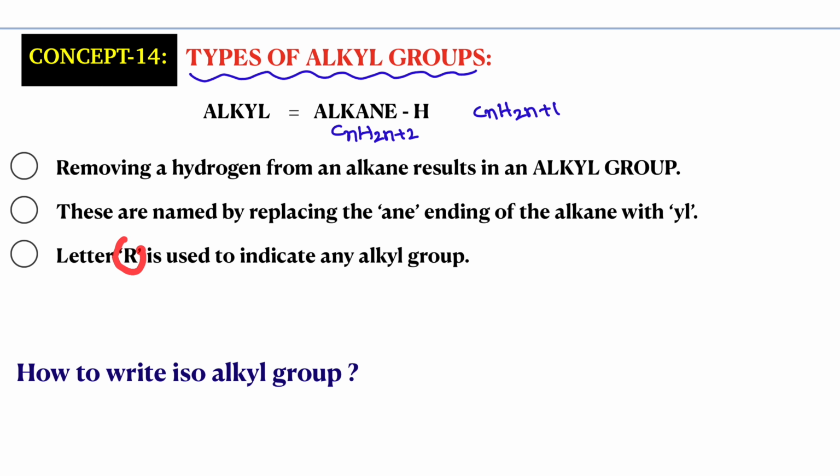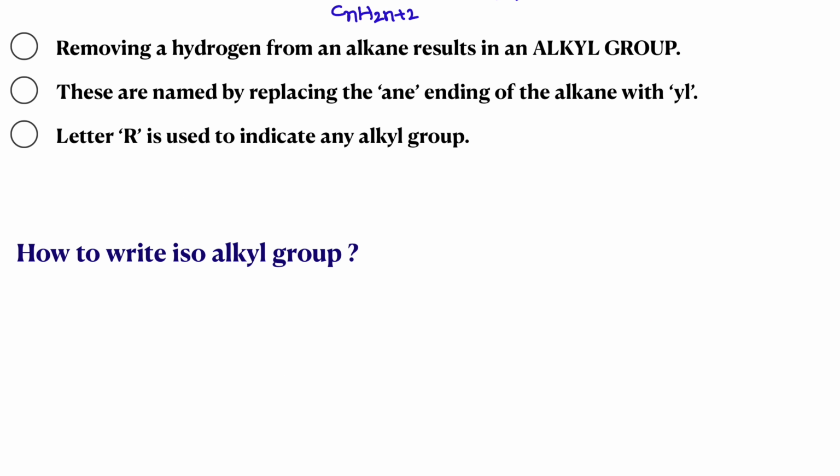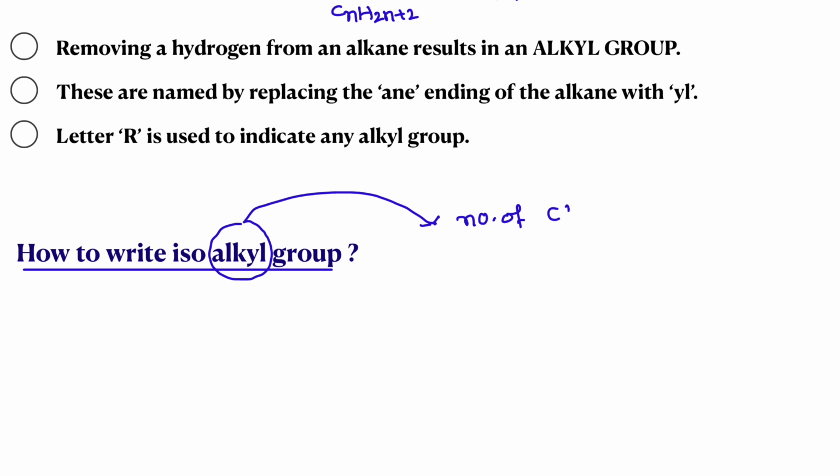Generally, the symbol R is used to indicate any alkyl group. Anywhere you see R, that indicates an alkyl group. The most important thing is how to write an isoalkyl group. This part is based on the number of carbon atoms: propyl, butyl, pentyl, like that.